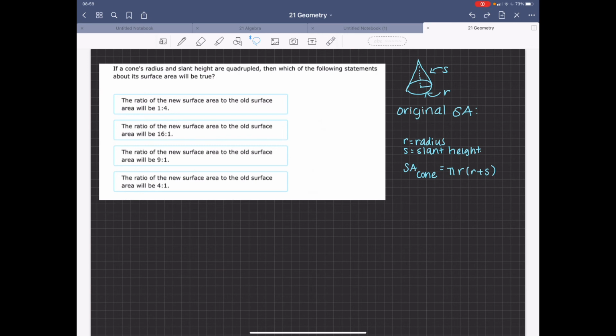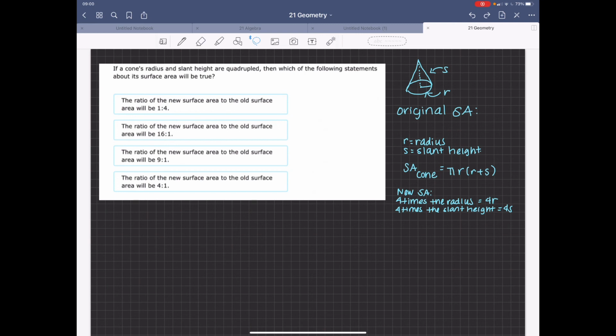And then we go to the new surface area, and it says the cone's radius is going to be multiplied by 4 and the slant height is going to be multiplied by 4, because that's what quadrupled means. So 4 times the radius is 4R and 4 times the slant height is 4S. So all I'm going to do is substitute that 4R and 4S back into the original surface area formula.